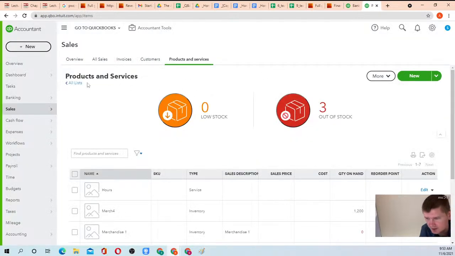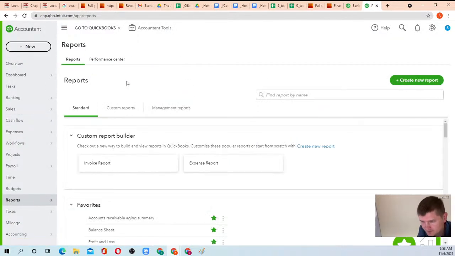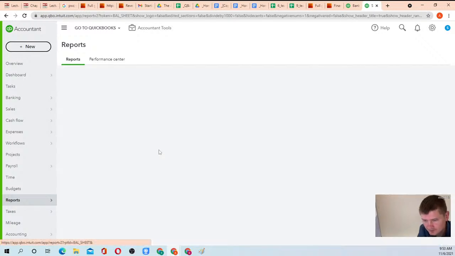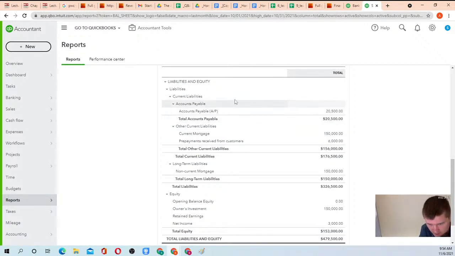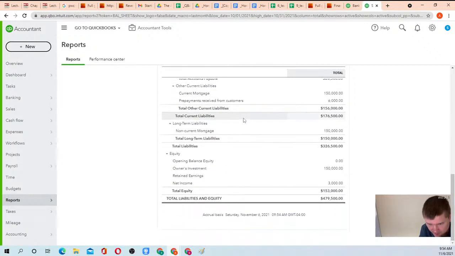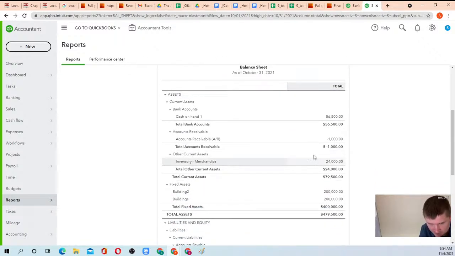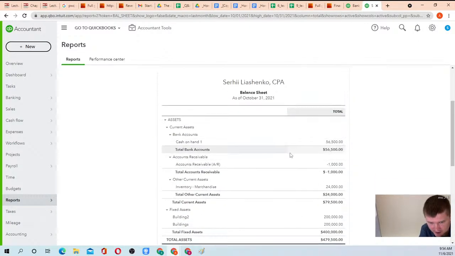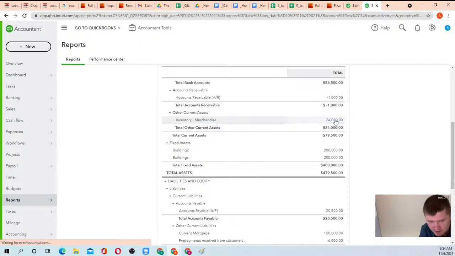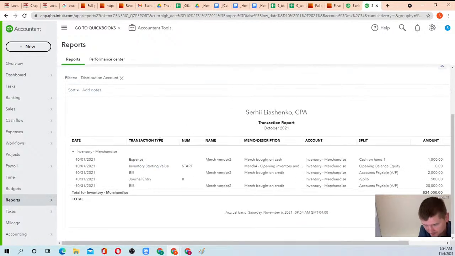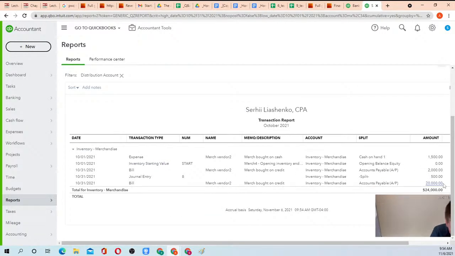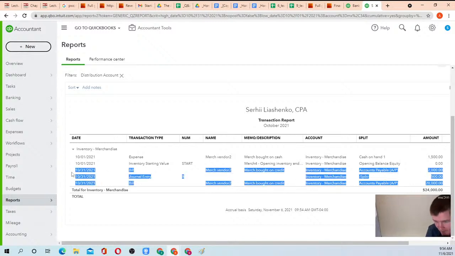Okay, where is it? Reports. So once we bought that inventory, let's see. Inventory merchandise. Let's make sure we are under accrual basis. Here it is, 20,000.